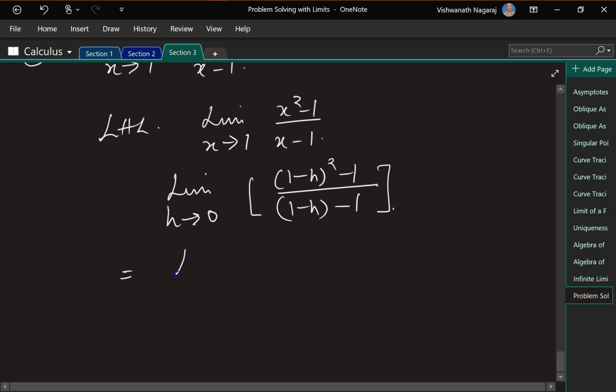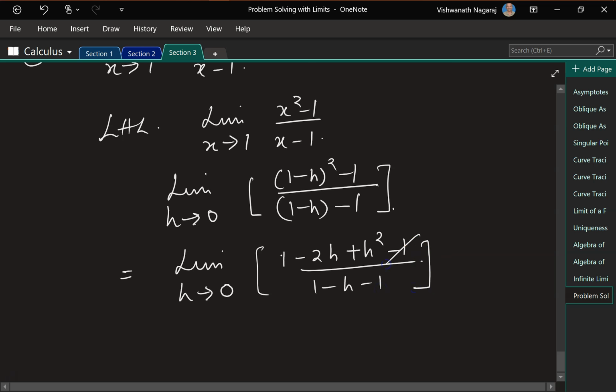So this becomes 1 minus 2h plus h square minus 1 by 1 minus h minus 1. This and this get cancelled, this and this get cancelled.